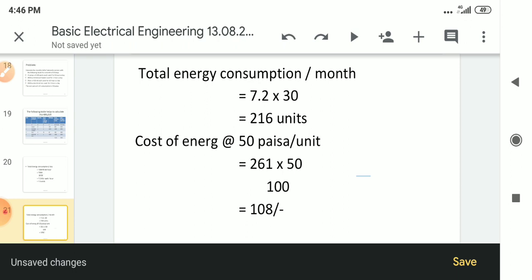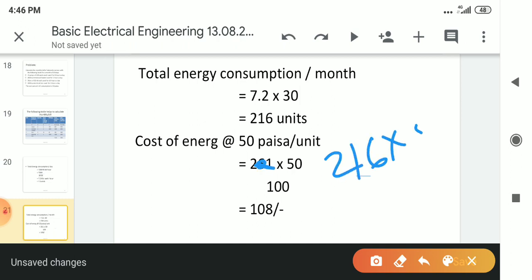So 216 into 50 divided by 100 gives the total value of 108. 108 is the answer for this question.